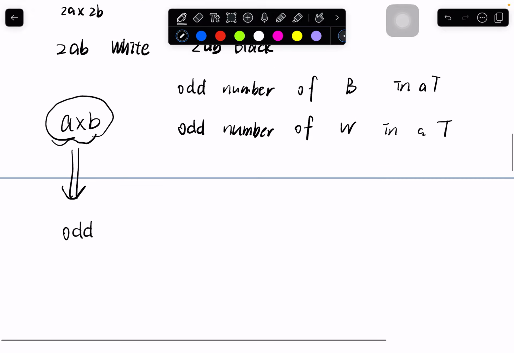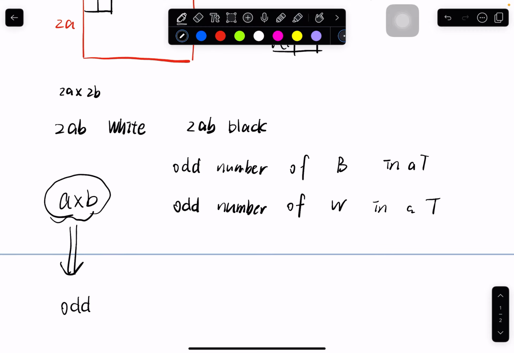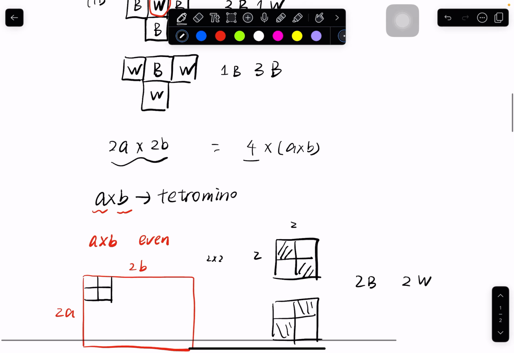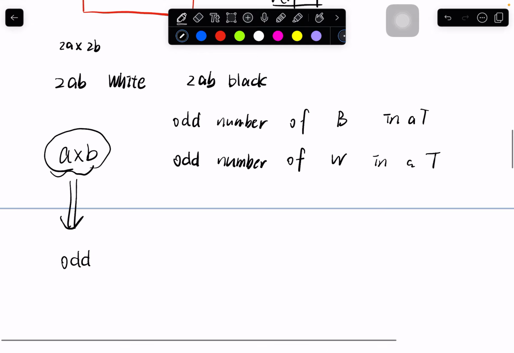I probably made some oral mistakes in my previous process of solving this problem, so now I'm going to correct them. a times b is an odd number, and if we sum up an odd number of odd numbers, we get an odd number.